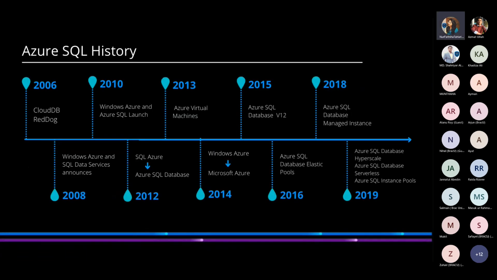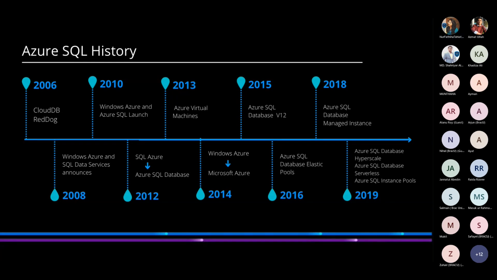So, what is the history of Azure SQL? From when did it get started? In 2008, Ray Ozzie announced Windows Azure and SQL Data Services at the Professional Developers Conference, but that was not when it actually got started. Even before that, tools like CloudDB and Red Dog were there as parts of Windows Azure and SQL Azure.